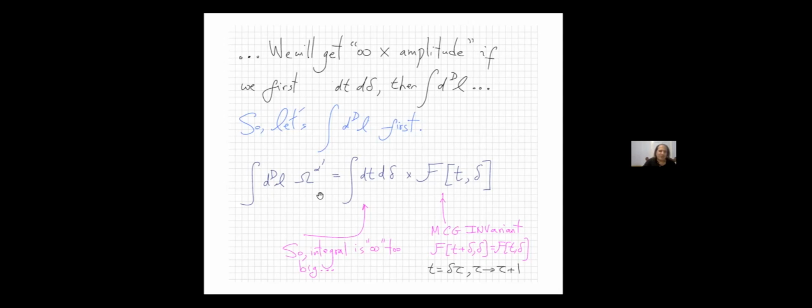And there's just the following trivial point. When we do the loop integral first, we leave this dt d delta thing left, and after we do the loop integral, we're going to have some function that's left that's a function of little t and delta.